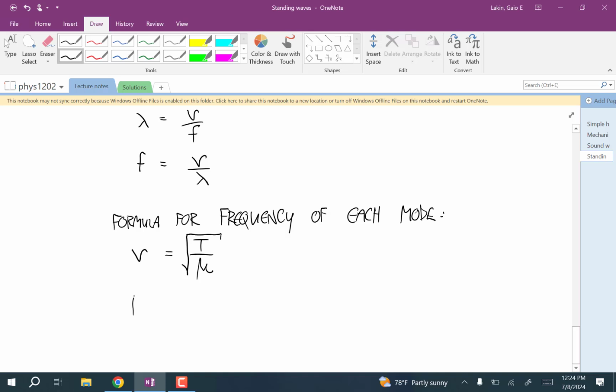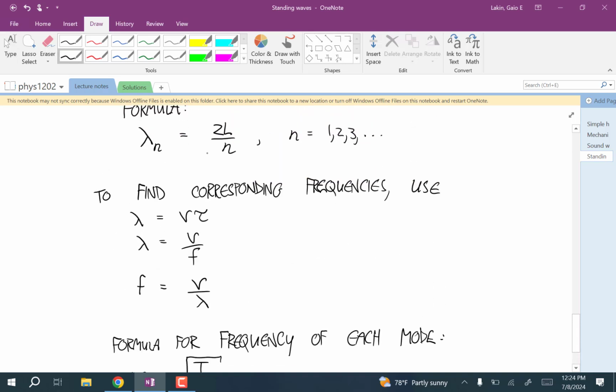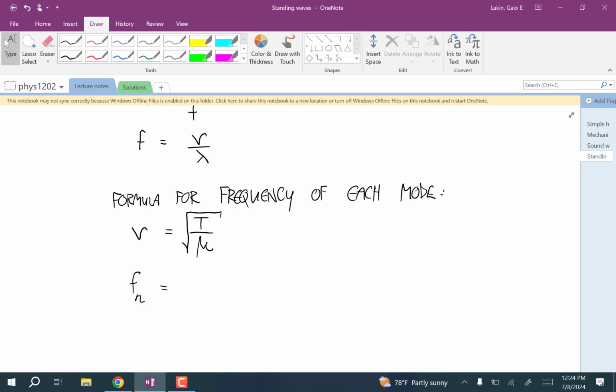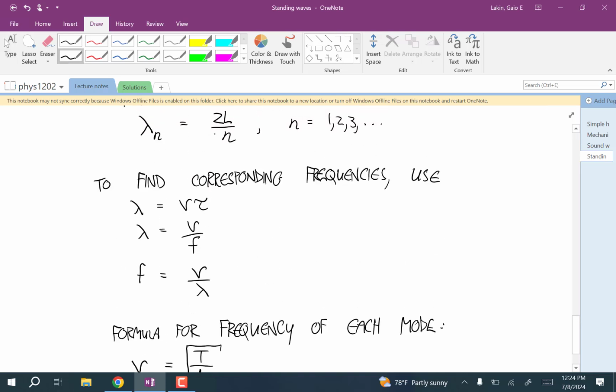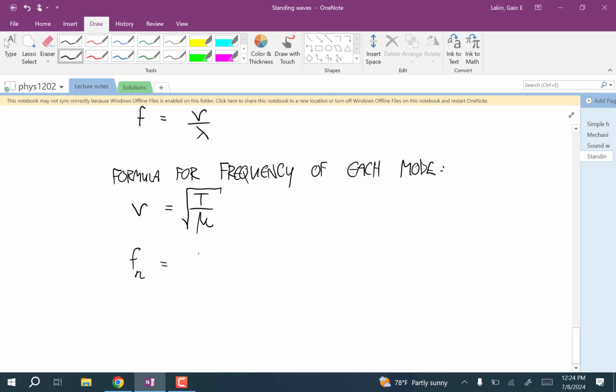And so the frequency of the nth mode is equal to, here's our expression for the wavelength, so I have to take the reciprocal of this because I'm dividing by the wavelength. So I have n over 2L times the square root of T over this mass to length ratio.